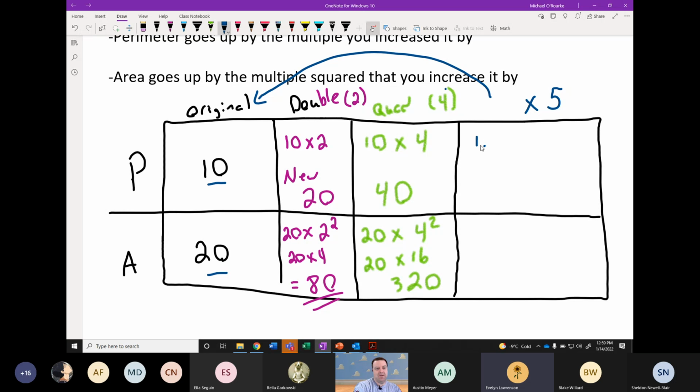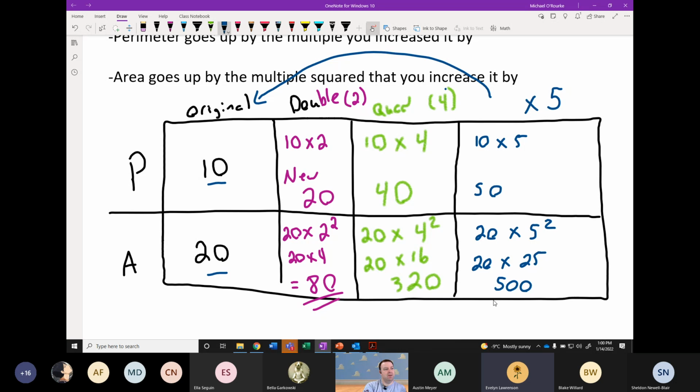So 10 times 5 up here is 50. Okay. Then down here, it's going to be the original 20 times 5 squared, which is going to be 20 times 25, which equals 500. Good.